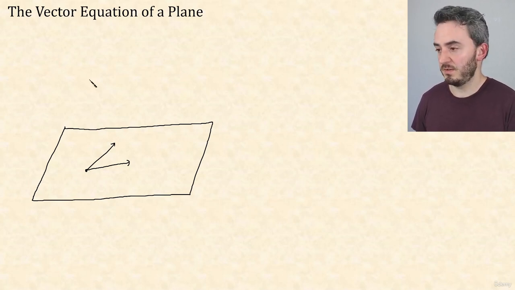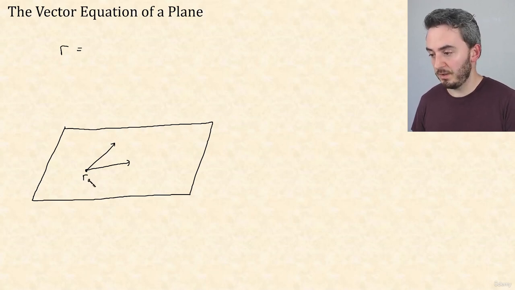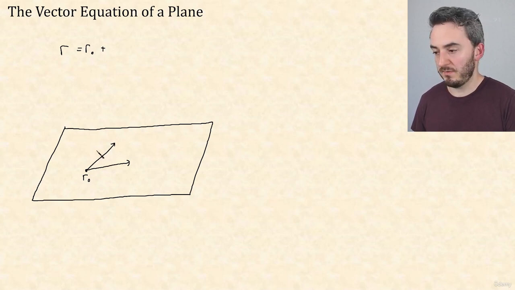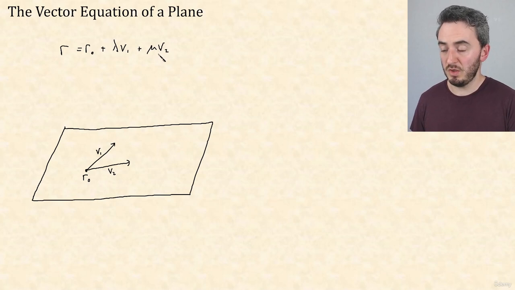So the format is r equals r naught, any point on the plane, plus lambda amounts of v1, and then any amount of some other vector that sits on that plane, v2, so mu v2. Your two parameters are lambda and mu, and it's basically just a position vector and two direction vectors.